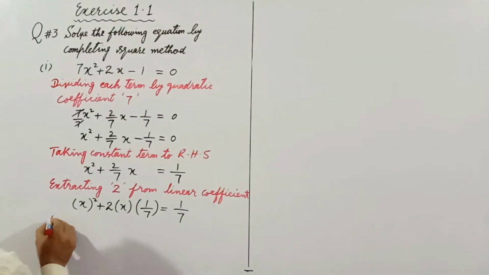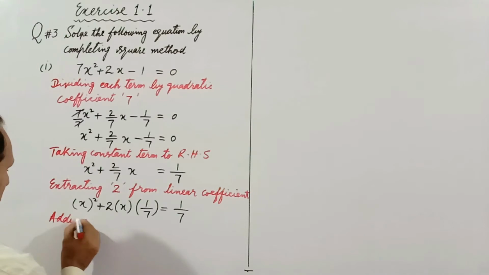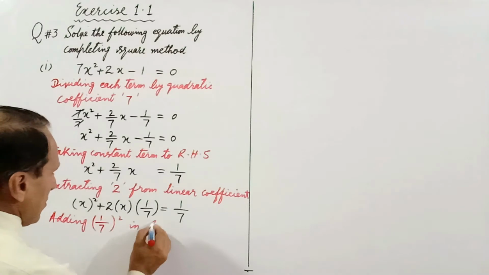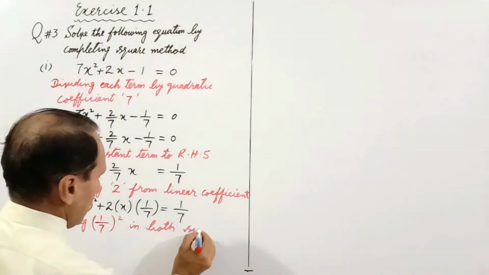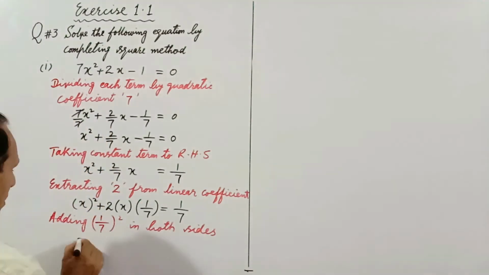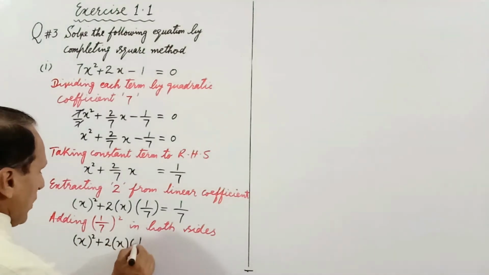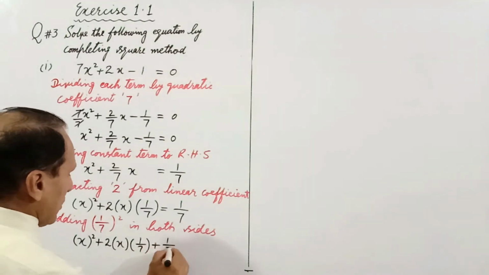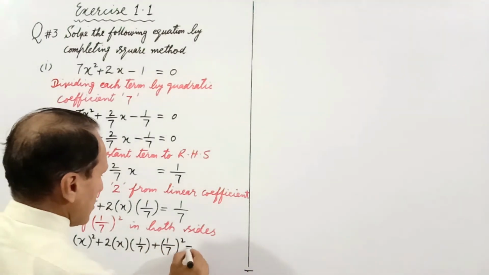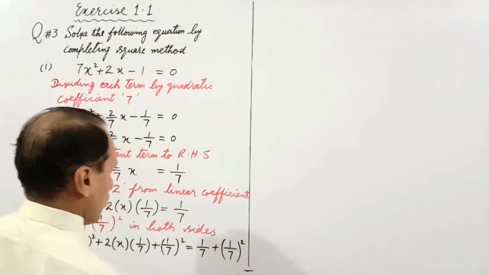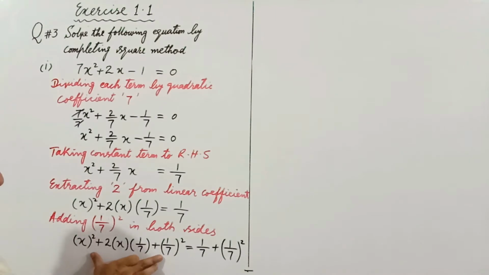So in that regard, adding the square of 1 over 7 on both sides, we have x square plus 2 into x into 1 over 7 plus 1 over 7 whole square is equal to 1 over 7 plus 1 over 7 whole square. Now the square is completed. We apply a formula to represent this left hand side as a perfect square.